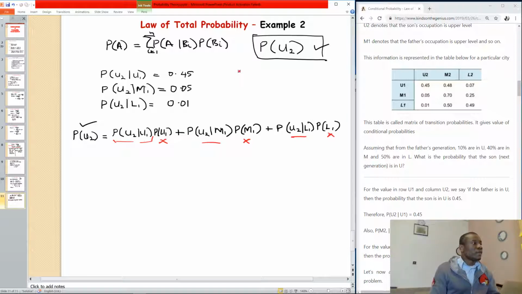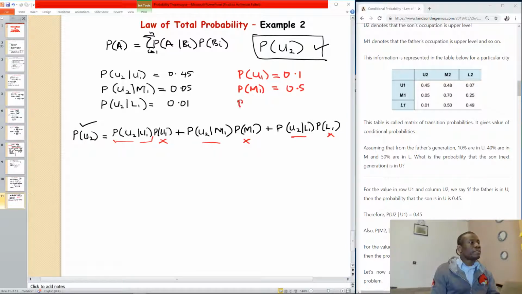So it means that probability of U1 equals 10%, which is 0.1. Probability of M1 equals what? 0.5.